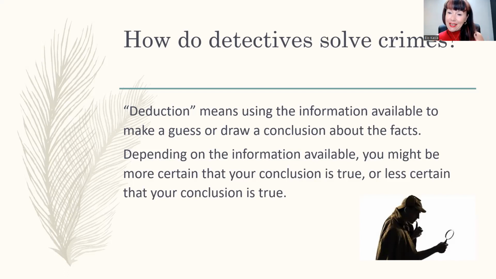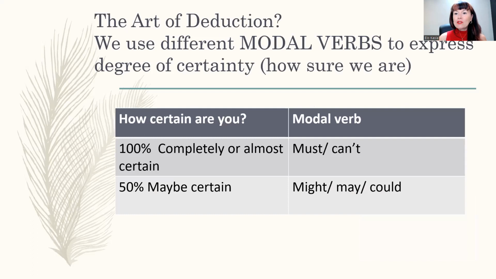So depending on what information you have available, you might be more or less sure that what you think is correct. Okay, so this is what deduction means. Now, the art of deduction. How do we use the art of deduction? What do we use in English?